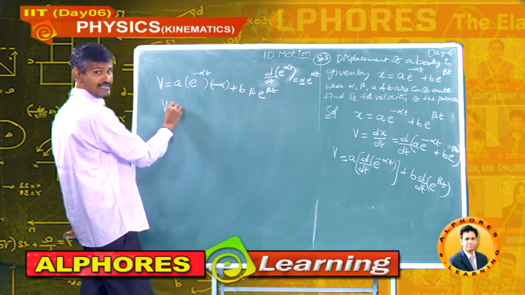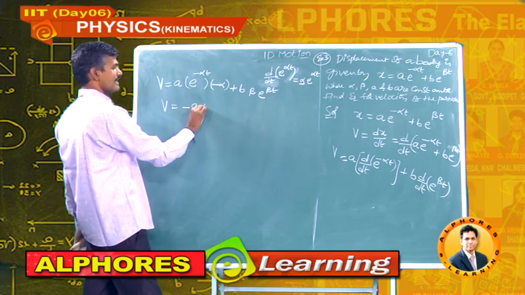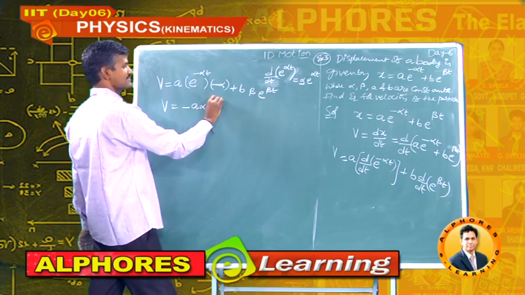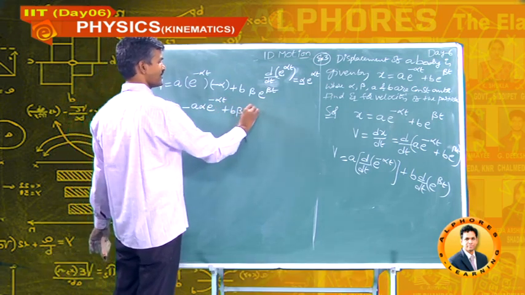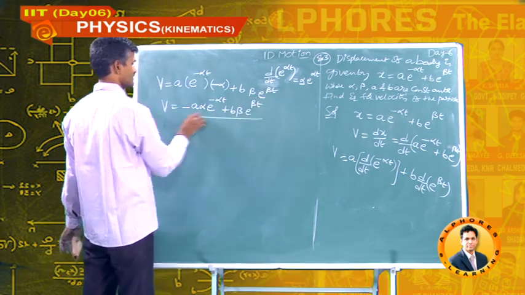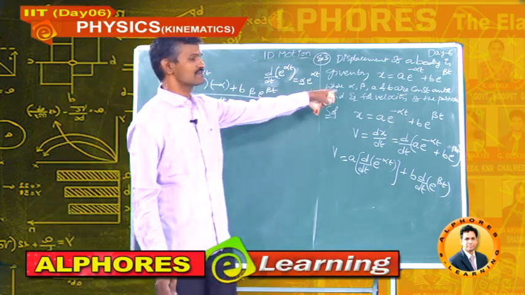So our velocity is minus a alpha e power minus alpha t plus b beta e power beta t. This is our general equation for velocity of the particle.